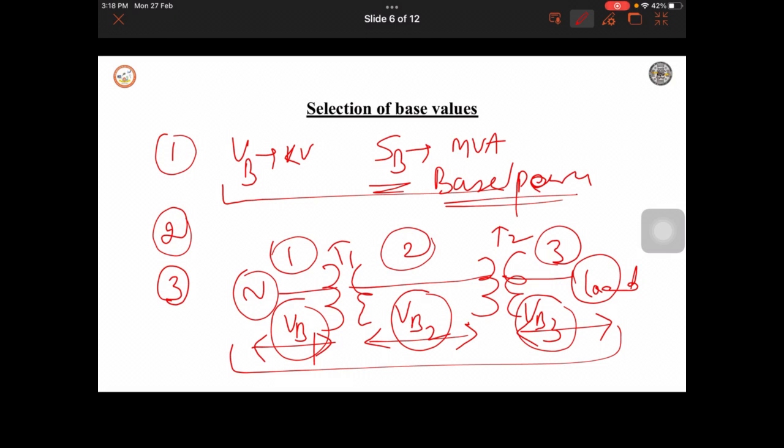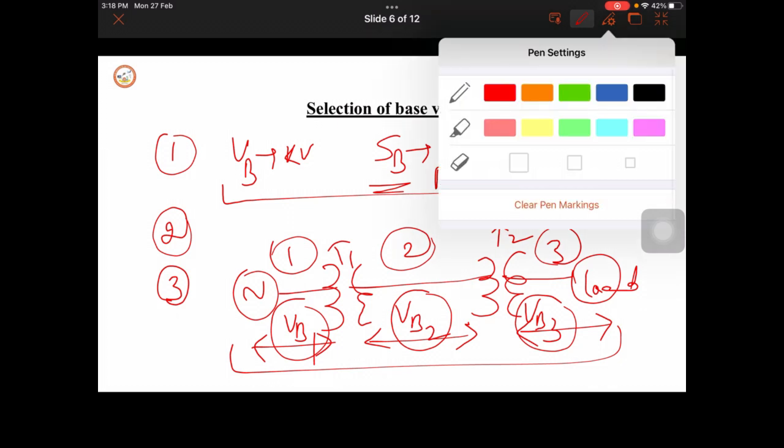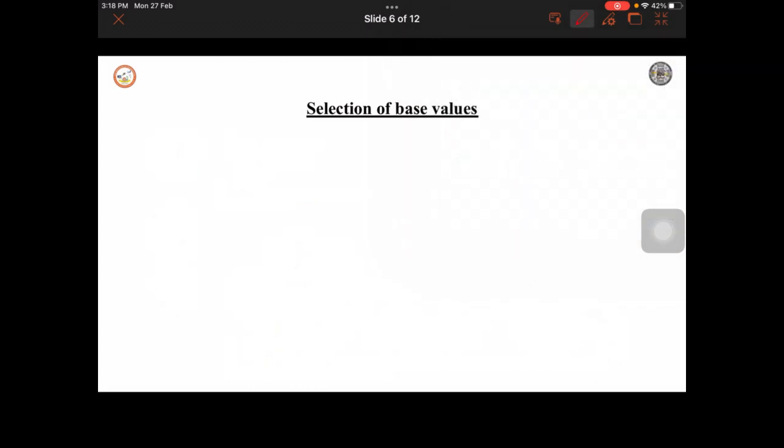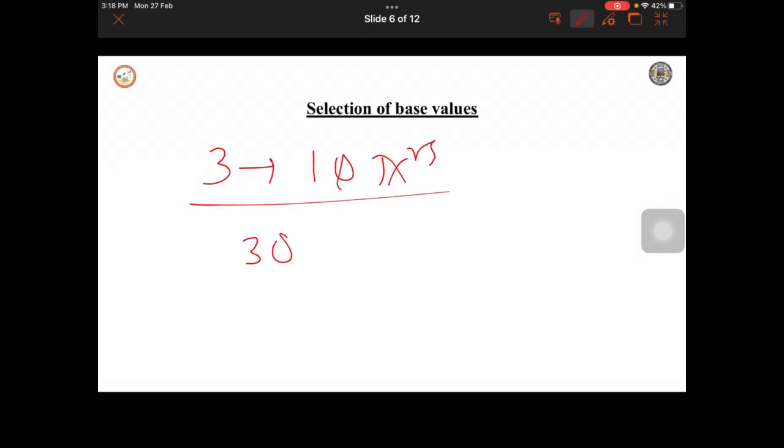Next one is the per unit impedance of any equipment is given on its three phase rating as the base. For a three phase transformer unit made up of three single phase units, suppose it consists of three single phase transformers, then what is the three phase rating?